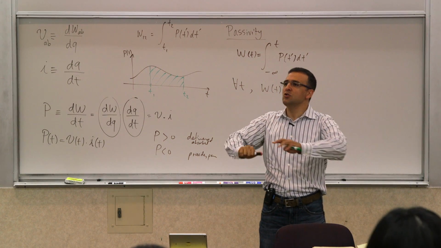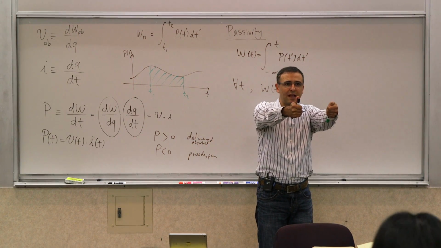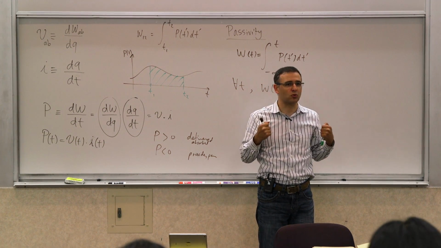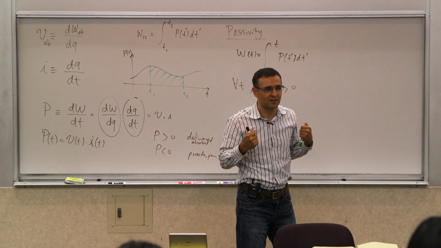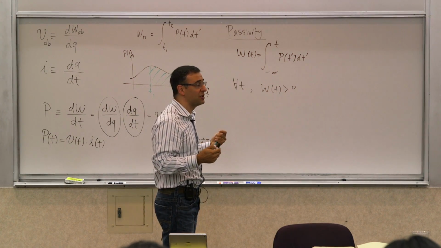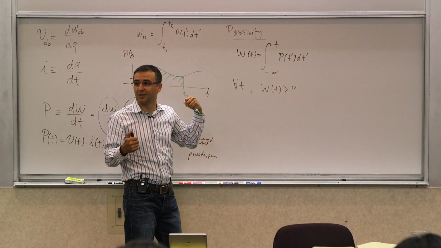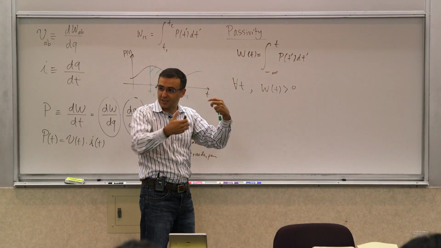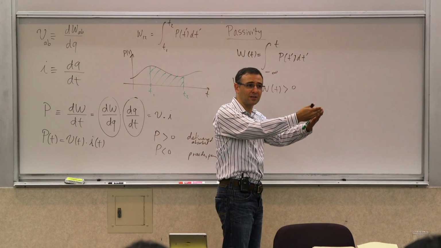Meaning that there's no time at which it has provided more energy than it had ever absorbed. So if it did provide energy, it was something that it absorbed before, but not more than what it absorbed. So it can still capture energy, and it can provide instantaneous power.